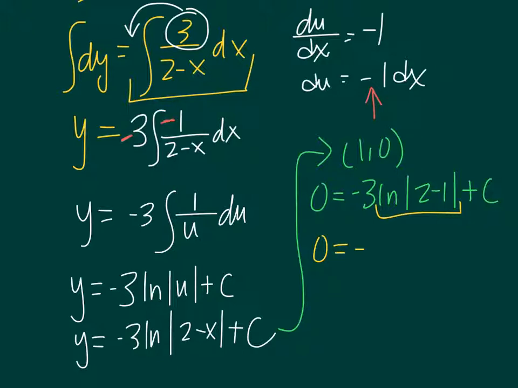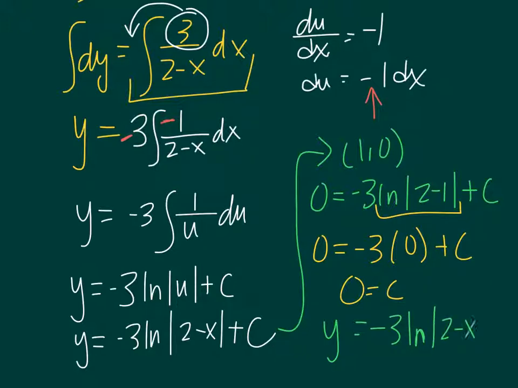The natural log of 1 is actually 0 because e to the 0 is 1. So I just found out that C is 0. The actual solution for this problem is y equals negative 3 natural log of 2 minus x. That is the solution.